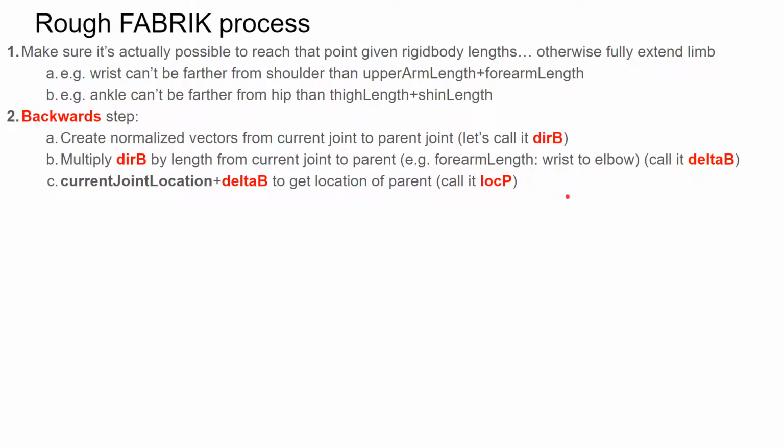I would normalize it, and then I would figure out how far away the parent joint would be now that I've actually moved. Like in this case, if I have an L shape like this, and I move my arm closer, and then I move the end effector here. The end effector is now much closer to the parent, and so the parent needs to go that way more.